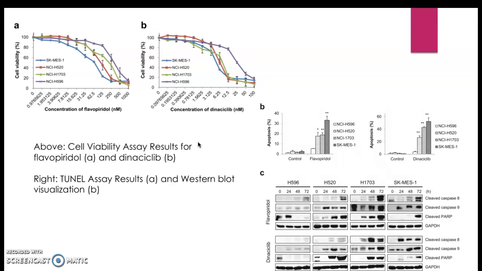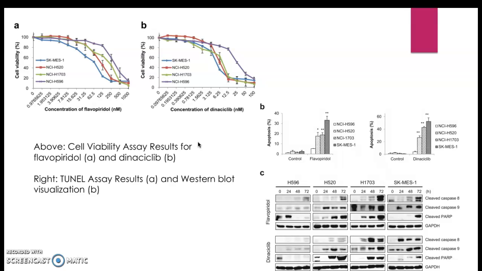Over on the right, we've got flavopiridol inducing apoptosis in the cancer cell lines that are inactive or deficient for CDKN2A. And the same with the dinaciclib, and the Western blot just further shows that, as I'm running out of time here.